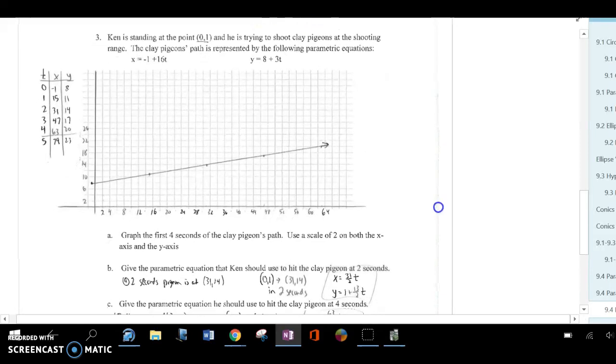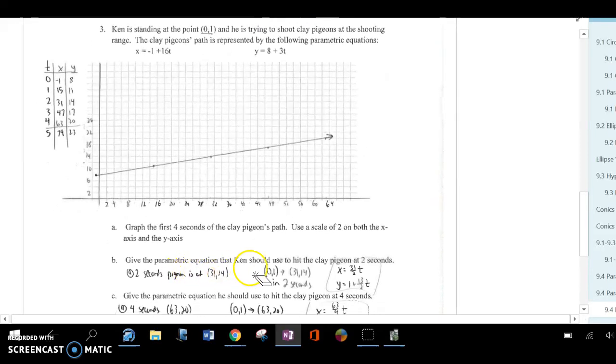It's nice and linear. Part B says, give the parametric equation that Ken should use to hit the clay pigeons at 2 seconds. Ken is standing at 0, comma 1.